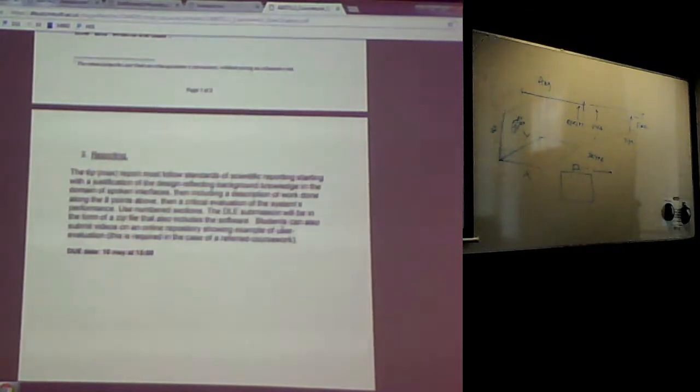The report, I already specified it. You could submit videos as part of your report, but you don't need to. There's also a 150 megabyte limit of what you can put on the DLE. So if you have a demo, there's no need to add a video, I think.